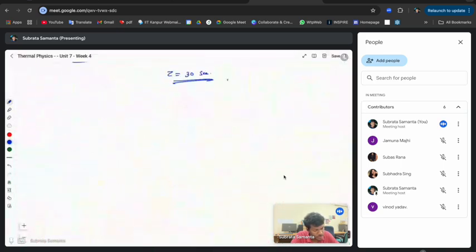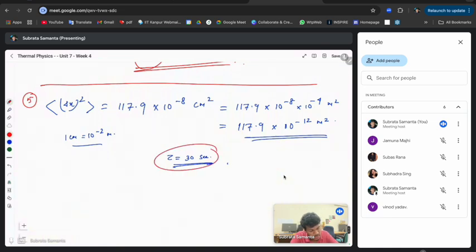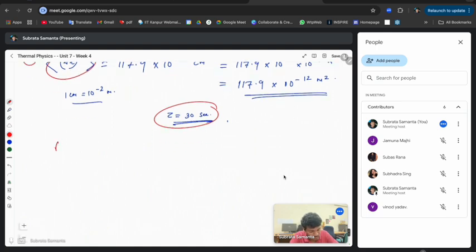So tau is given, 30 seconds, and your delta x square you know. How to calculate the diffusion coefficient, okay? So the diffusion coefficient is given by D equals to... So recall your class notes, okay?